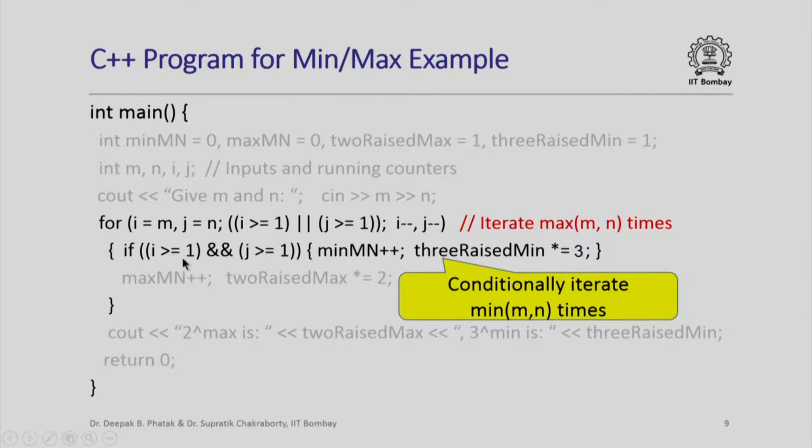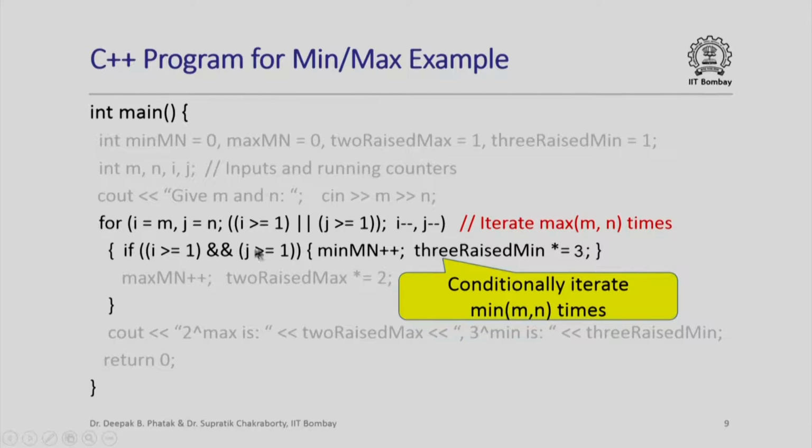Now note that if both i and j are greater than or equal to 1, where I have initialized i and j to m and n, and I am decrementing them at the end of every iteration, it means that the total number of times that this statement will get executed, the increment of min(m,n), is exactly the minimum of m and n.